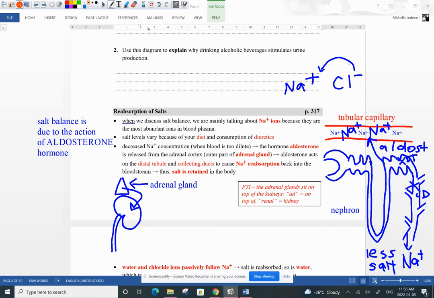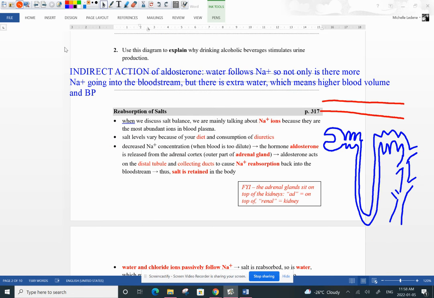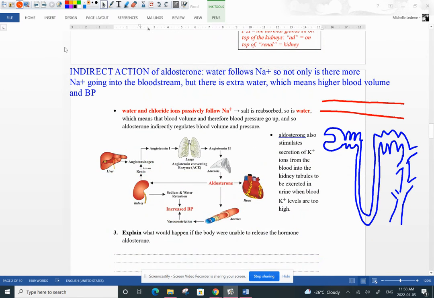Negative and positive. And who else follows? One other guy, water. Water also follows because of osmosis, right? When there's too high of solute concentration, water is going to follow. So this already is giving you a little clue to what I'm going to be talking about next. And that is that there is an indirect action of aldosterone. So water follows sodium.